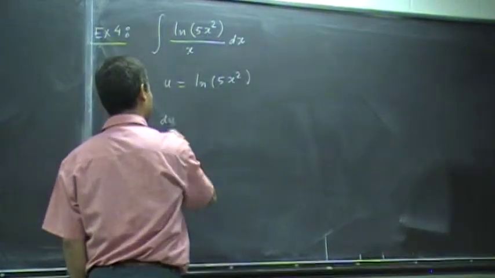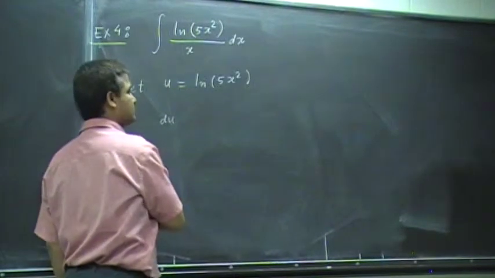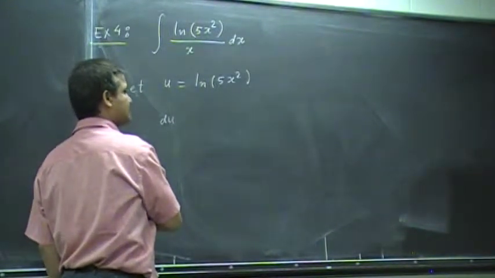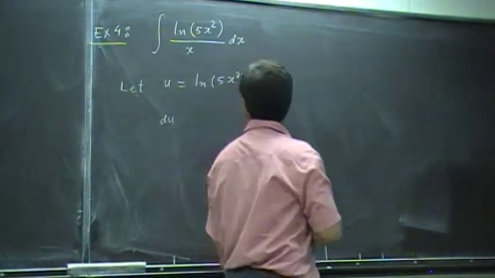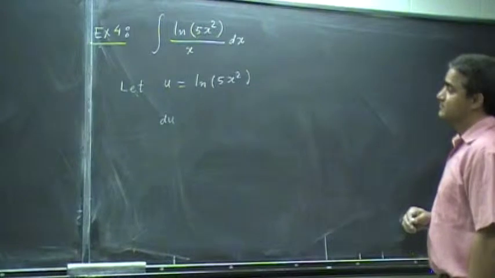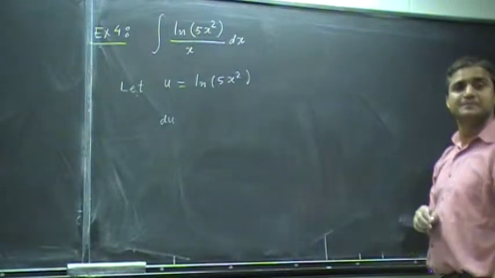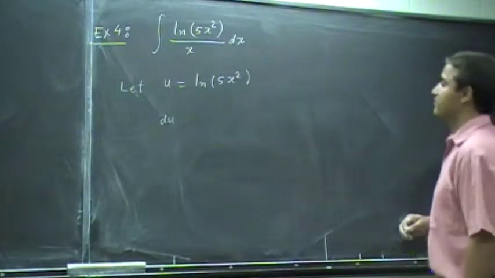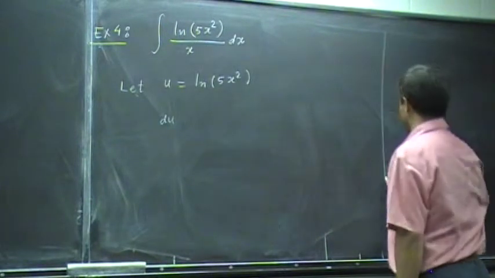What is du? 1 over 5x squared, and what else? 10x, times 10x. Let me explain.